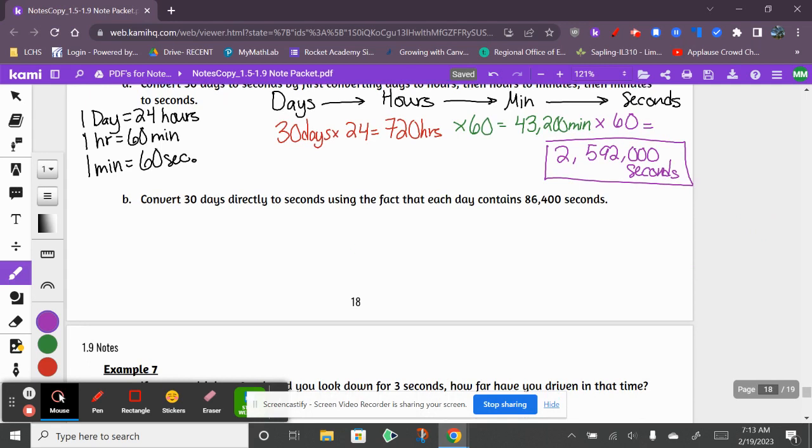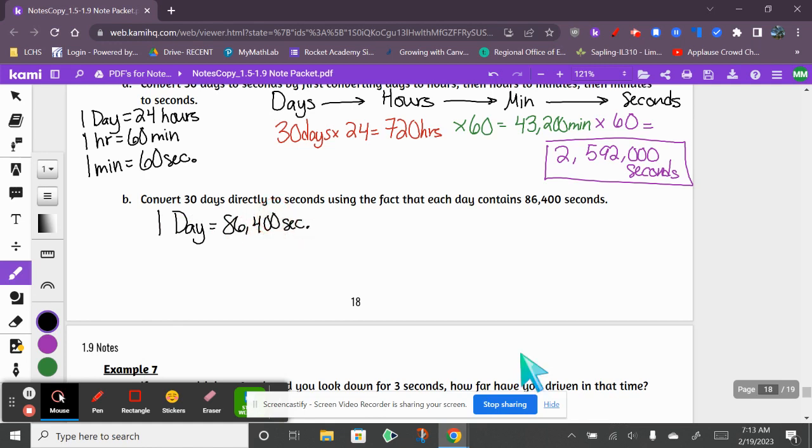For part B, convert 30 days directly to seconds using the fact that each day contains 86,400 seconds. So this is kind of a shortcut, and it's going to be like, oh my gosh, why didn't they just have us do this in the first place? So we know that 1 day equals 86,400 seconds.